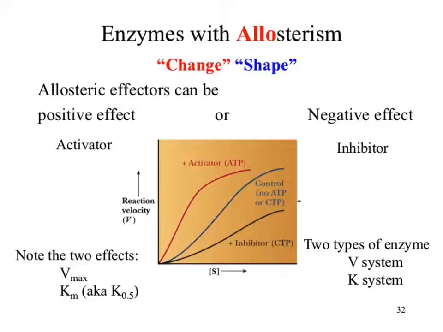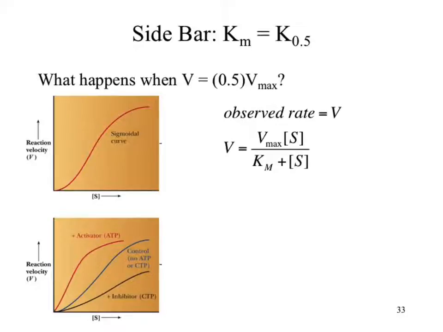Kind of makes sense? Okay. We already went through and solved this. Should we go through and do it again? Okay. So your Km and K half are effectively the same thing. It's just saying what happens when we're at 1/2 Vmax.